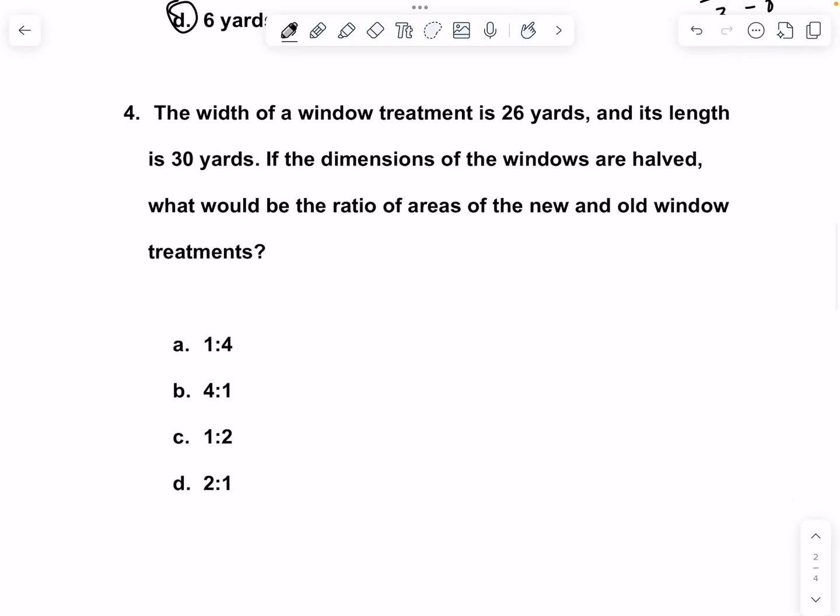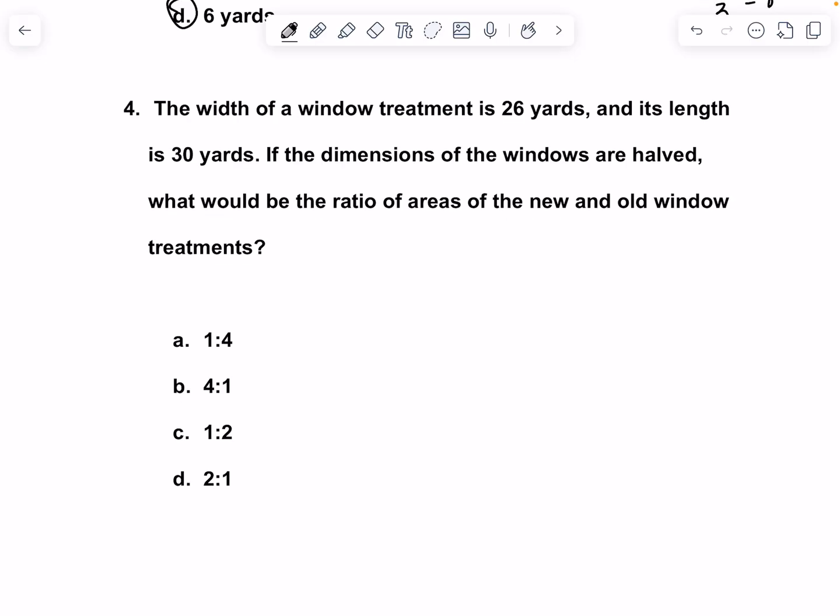Number 4 says the width of a window treatment is 26 yards and its length is 30 yards. If the dimensions of the window are halved, what will be the ratio of the areas of the old and new window treatments? So it's saying the dimensions are halved.